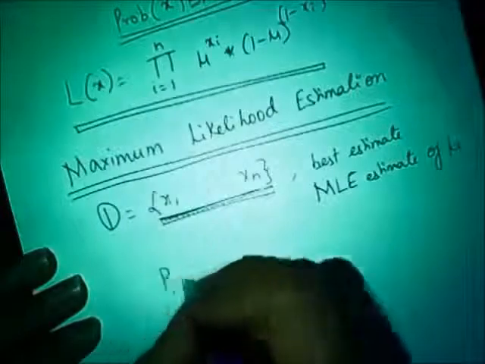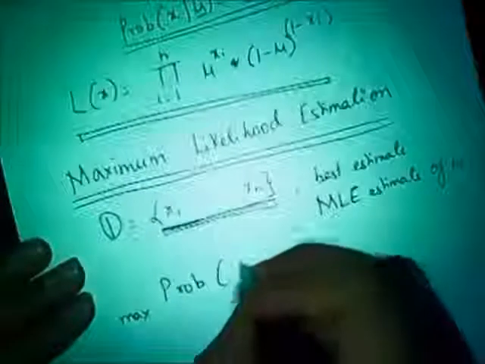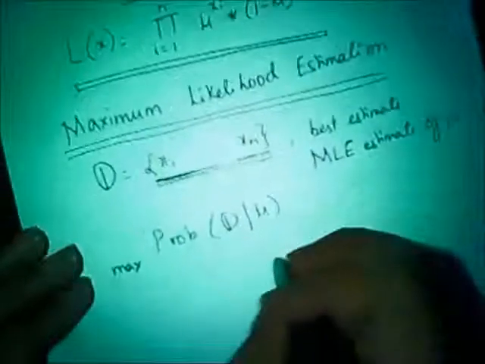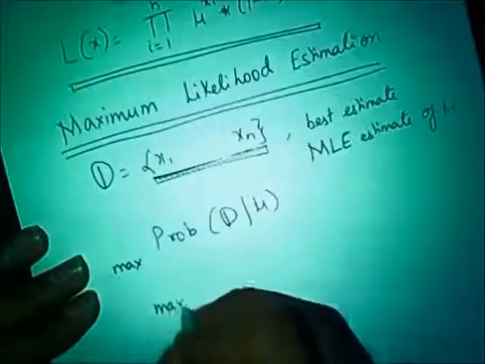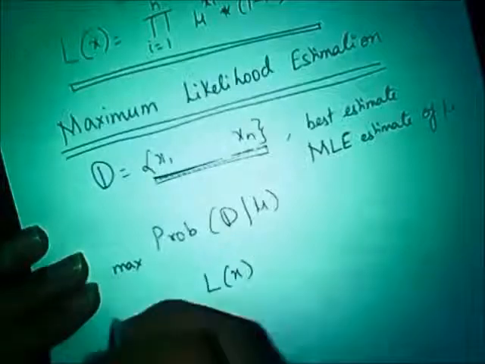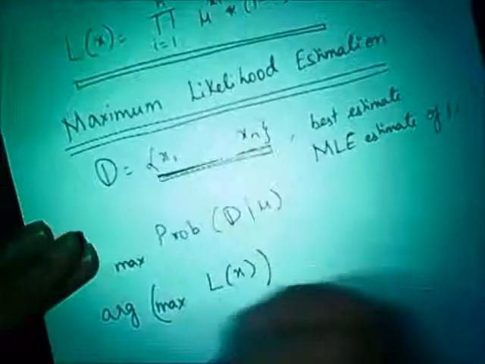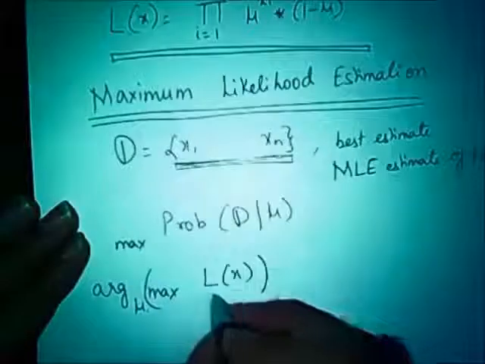So what we want to do is maximize the probability of getting D given mu. So we are going to maximize L of x, and we are going to choose the value of mu that would result in maximum likelihood.